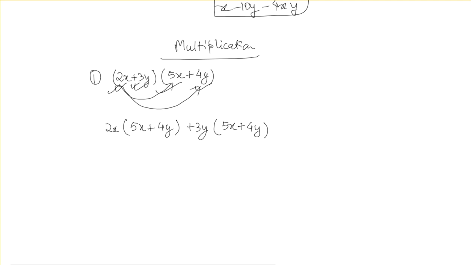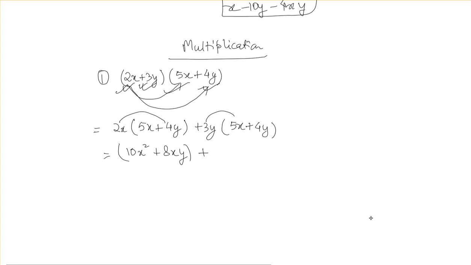This is the basic process of algebraic expressions multiplication. Okay, this is 10x into x, that is 10x square, plus 2 fours are 8xy, plus 3 into 5, that is 15xy, 3 fours are 12 y into y, y square.